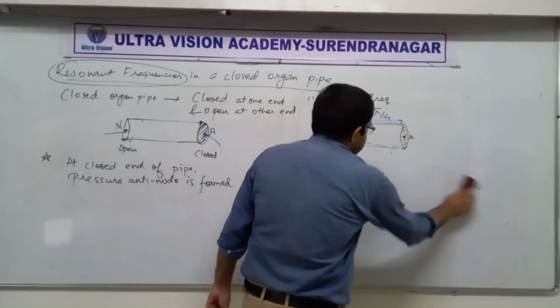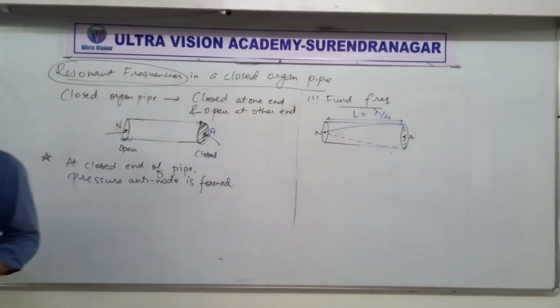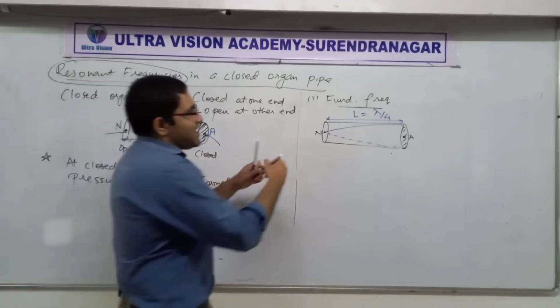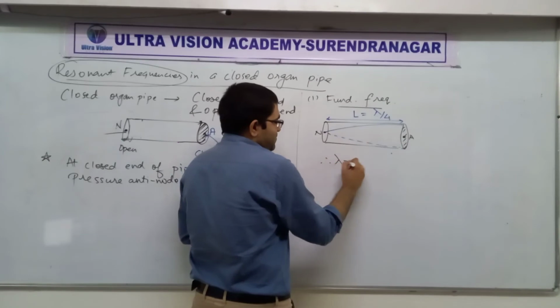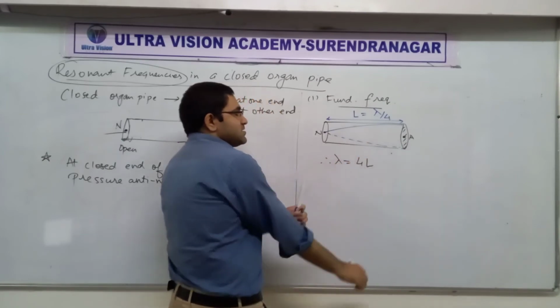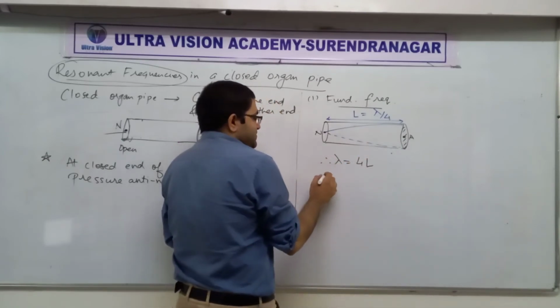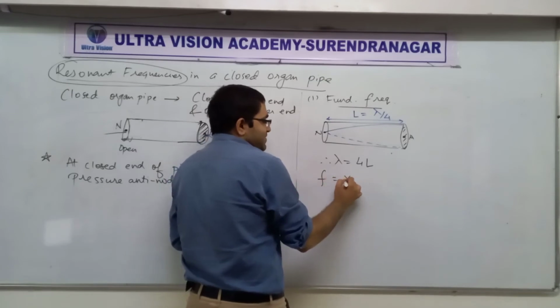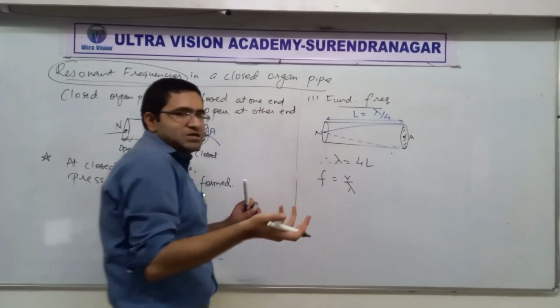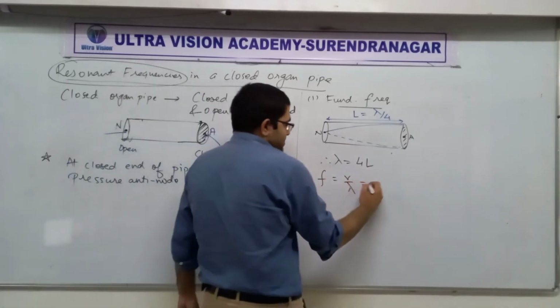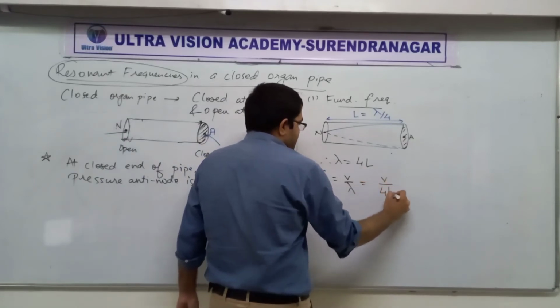Okay, so this is the first case. Now, let's derive frequency. See, we have got L equal to lambda by 4, so lambda equal to 4L. Okay? So what is frequency? Frequency of any wave can be written as V by lambda, isn't it? Right? So let's put it here. Understood?